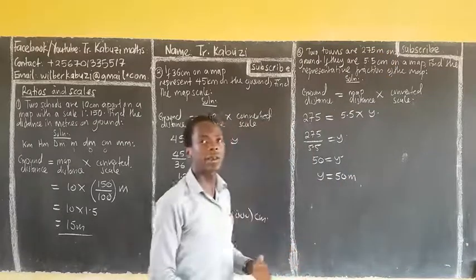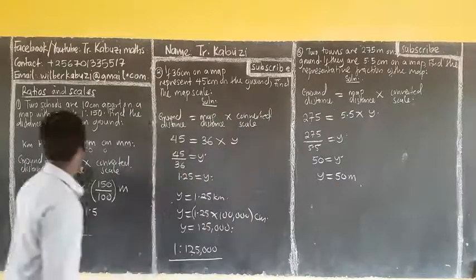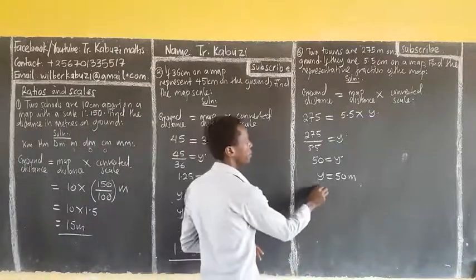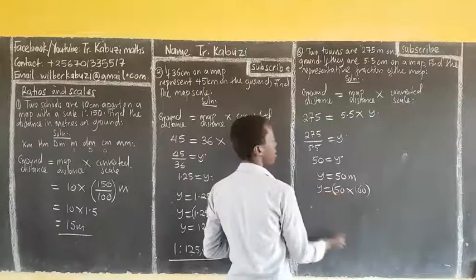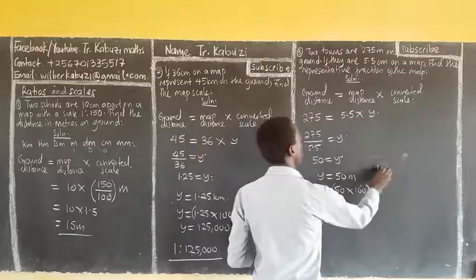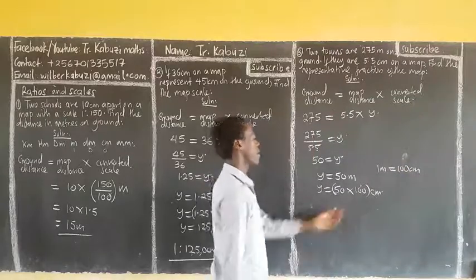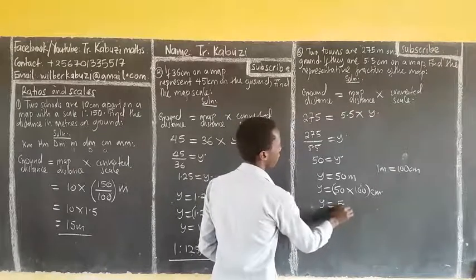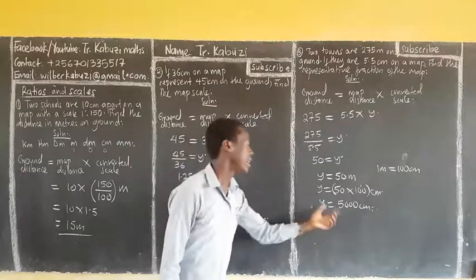I know that our scale is always in centimeters, so I convert this to centimeters. 1 meter is equal to 100 centimeters, so 50 times 100 gives y equal to 5,000 centimeters.